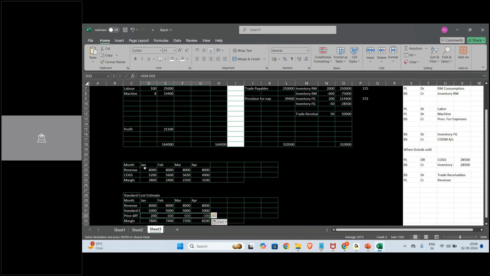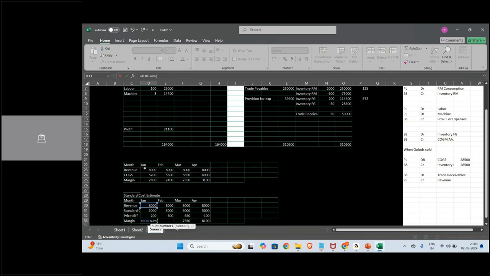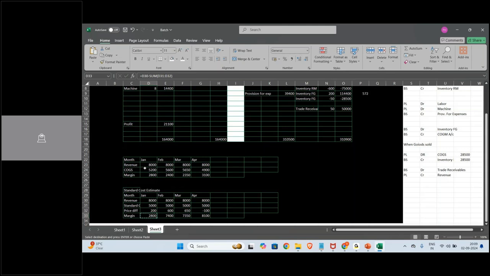If you see my profit here, you can tell that because I am applying a standard cost estimate of 5,000 every month, because of the price difference of 200 in January, my profit is 2,800. My profit went down to 2,400 because prices have increased.